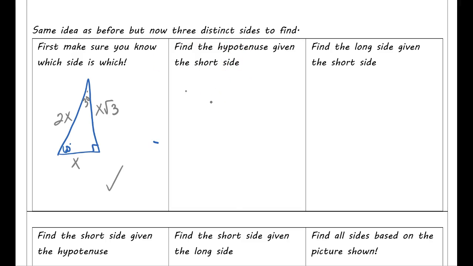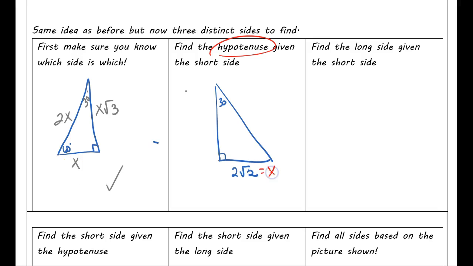Find the hypotenuse given the short side. These are my favorite, because if you see a picture, and let's say this is given to you, 2 root 2, okay. So if they gave me this and they said find the hypotenuse, you have to know, okay, well that's the short side because it's across from the 30, which means from our picture over here, the short side is always x.